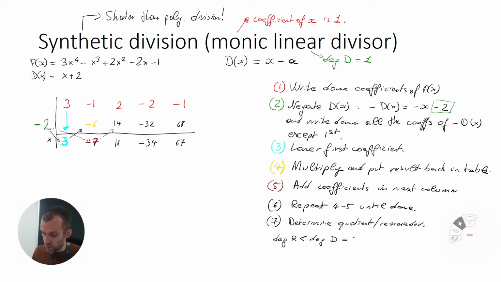The degree of the divisor is 1, so the degree of the remainder is 0, in other words, r of x is a constant. That constant is always the last term in the table, so this is the remainder r of x.